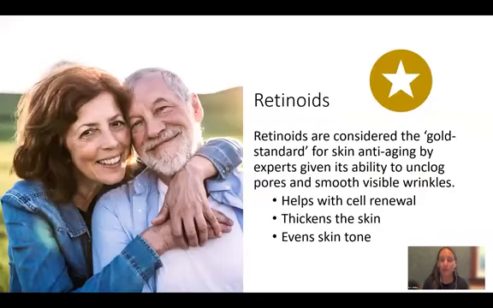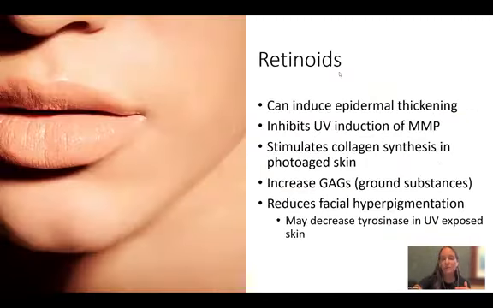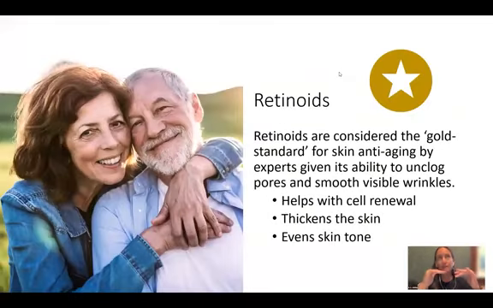So when we talk about retinoids and why they are so great for the skin, the reason is because they have a wealth of anti-aging benefits. They can unclog pores, they can smooth visible wrinkles, they can help with cell renewal. So again, if we think back to those images, right?